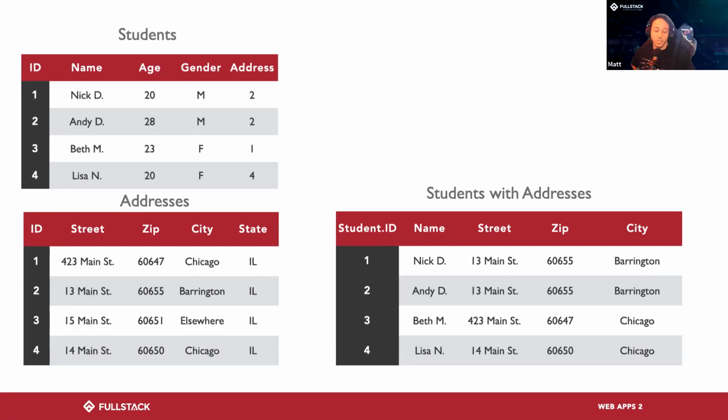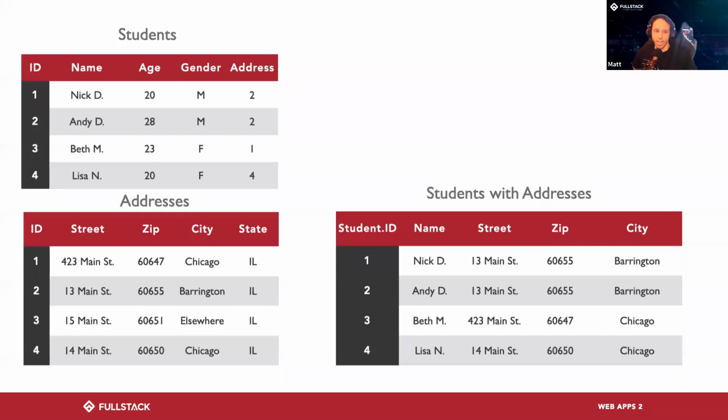And in order to use join, you have to specifically say what you want to join on. So in this case, we want to join that the student's address is equal to the address ID. Does that make sense? You want to join wherever you see the student address, just like take all that information there and grab it from the address table, that ID. Okay, kind of makes sense.